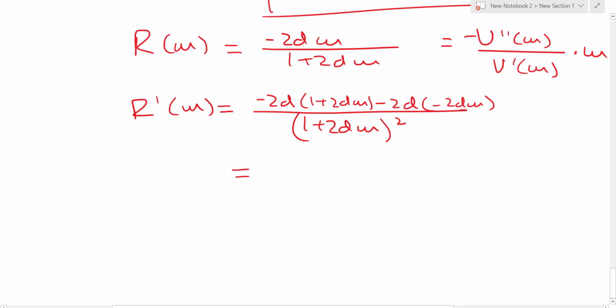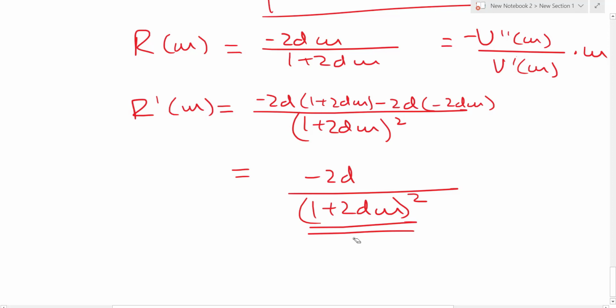And now if you see this, this term will be positive, this term will be negative, it will just cancel out, and you will just be left with minus 2d divided by 1 plus 2dw whole squared.